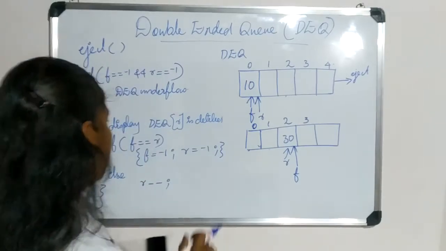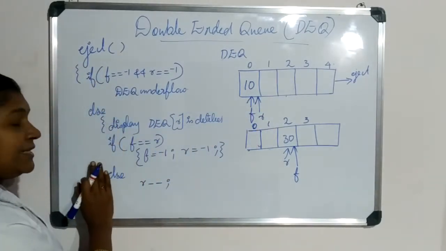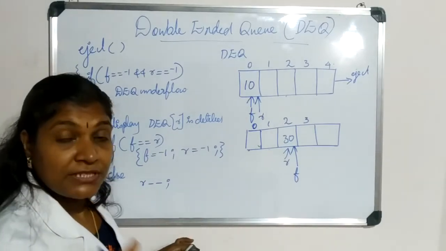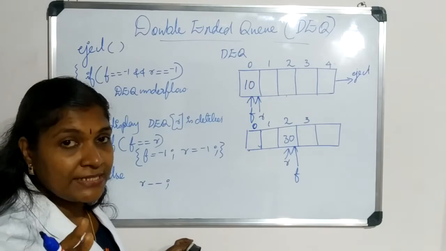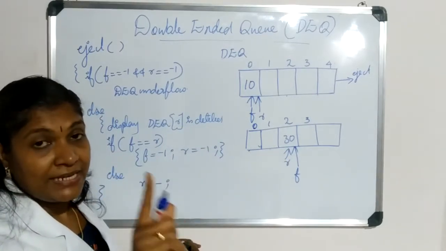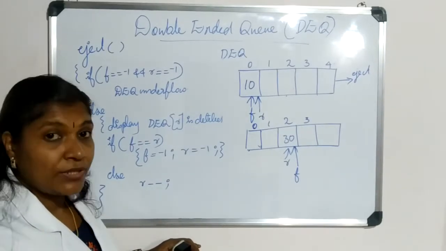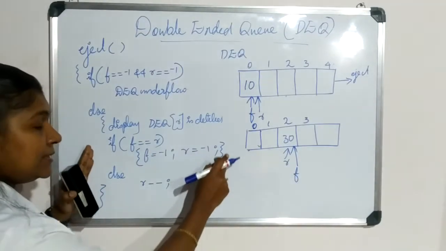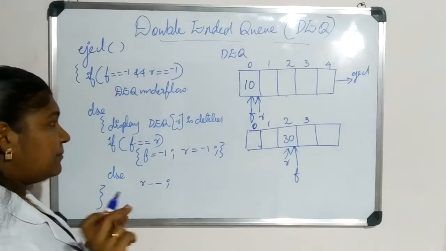Clear? So in the else part, that is, if eject is possible, we are considering two cases. First is the deletion of a single element, the very last element in the queue, and second is more than one element. Okay. So first we will consider the double-ended queue with a single element.